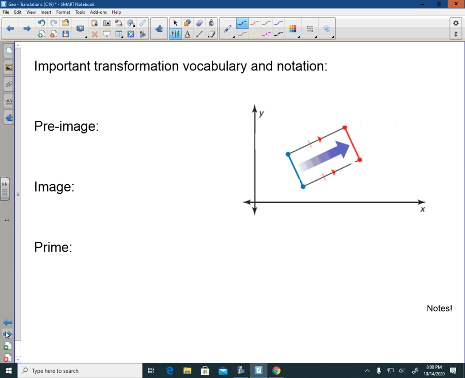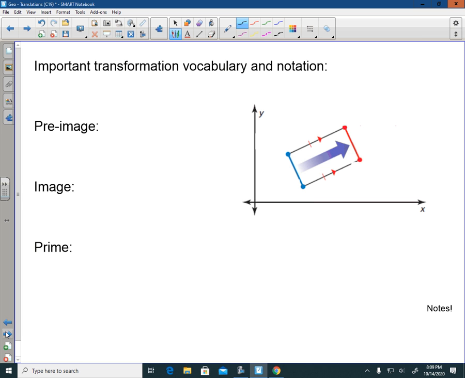So there are some very important words that we use when we're talking about transformations in general. And those words are preimage, image, and prime. This is good stuff to get in your notes, and don't forget to write diagrams in your notes as well. It can be really helpful. So when something moves from one place to another, we have to be able to tell the difference between the starting point and the ending point.